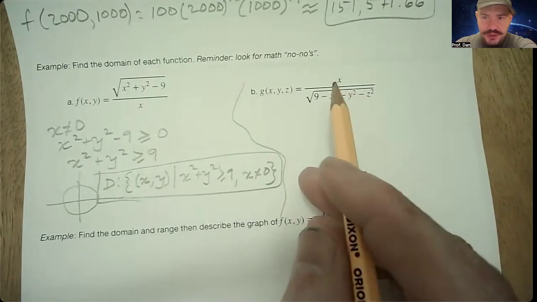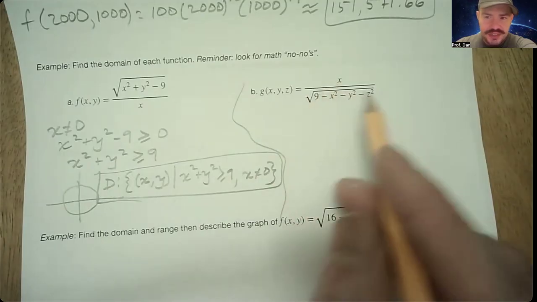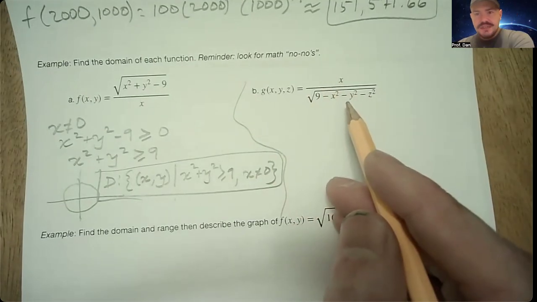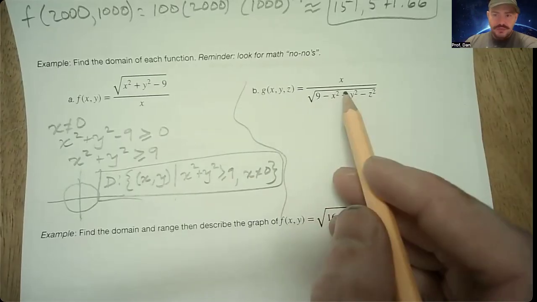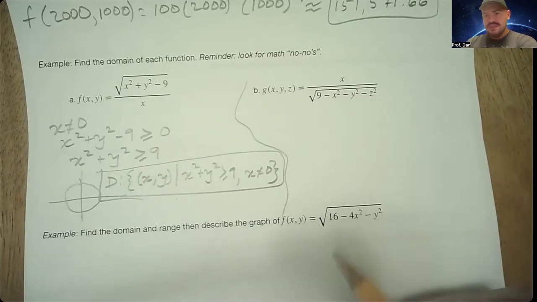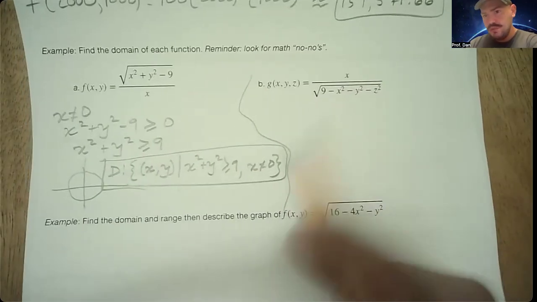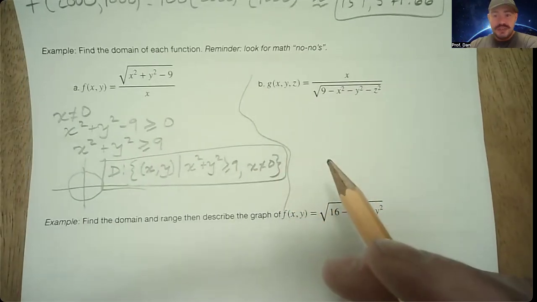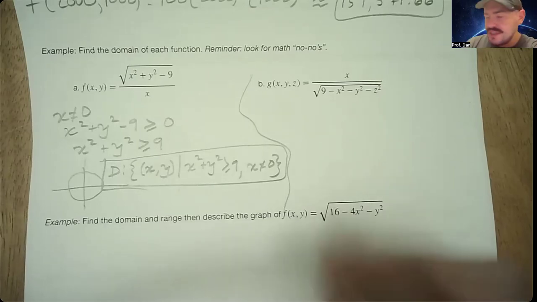So a couple of things are going on in this one. We have a square root in the denominator. Because this is an even root, when I say even, I mean square root, fourth root, sixth root, eighth root, etc. So not cube root, that would be odd, and those can be negative, right? They can have negative insides.